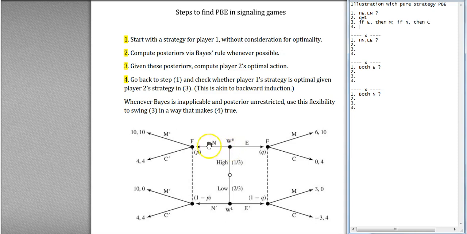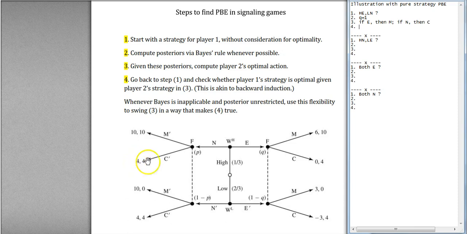You get to choose whether to be not educated or educated. So if you're not educated, then the firm is going to think of you as being low ability. It'll be a wrong thought, but that's a red herring. The fact of the matter is that the firm is going to make you a clerk, and you, the high ability person, are going to get a payoff of 4.